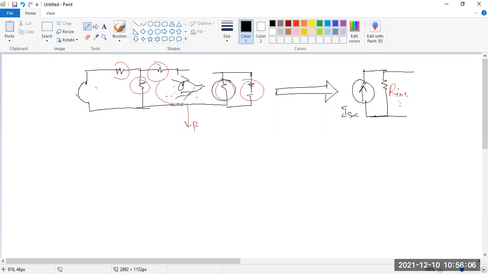So the circuit became replaced by the ISC and R internal, and then we have to add again the load resistance, that is RL.